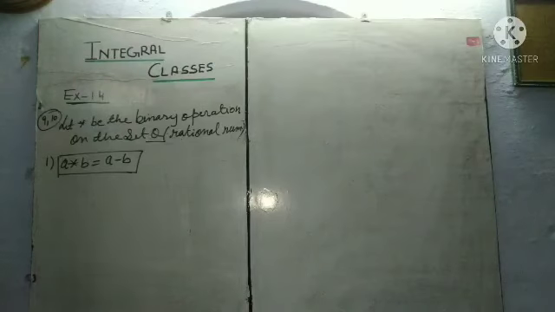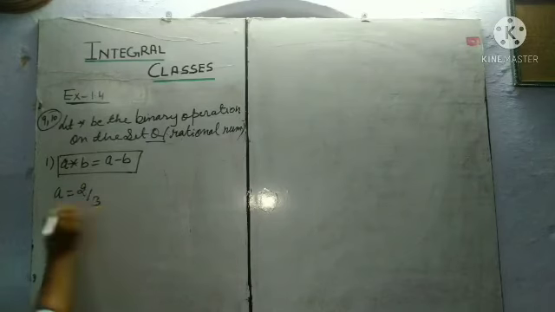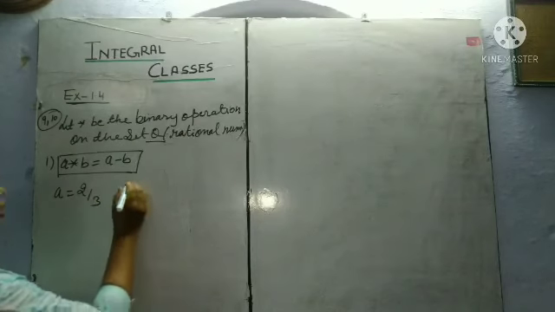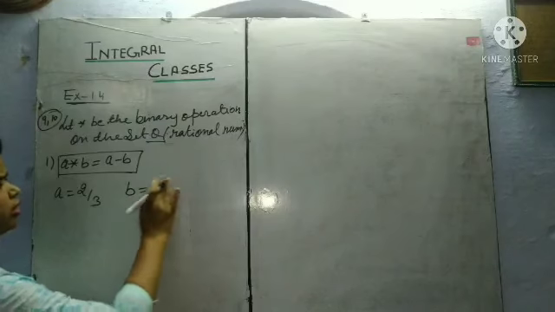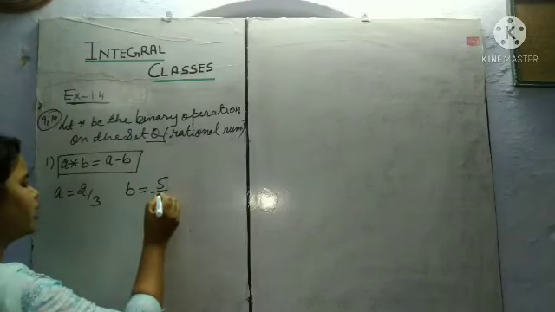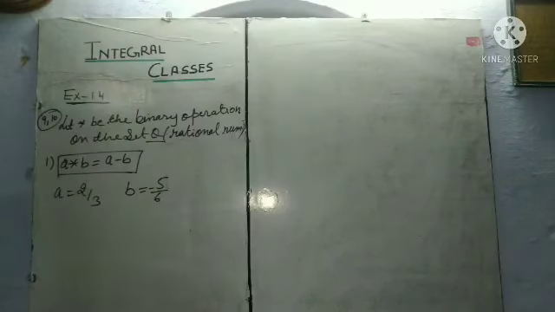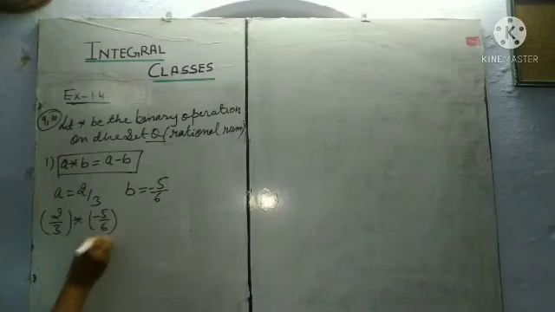Now start. So students, to apply it here we will take A equal to 2 by 3 because it is a rational number, and for B we will take any number, say 5 by 6 or minus 5 by 6. Now apply this operation, 2 by 3 star minus 5 by 6.